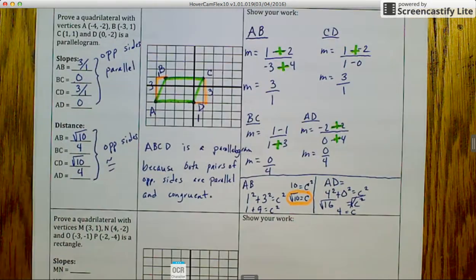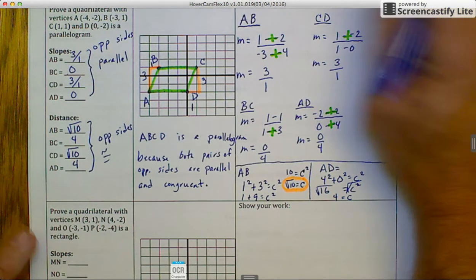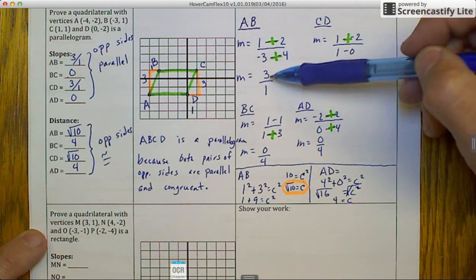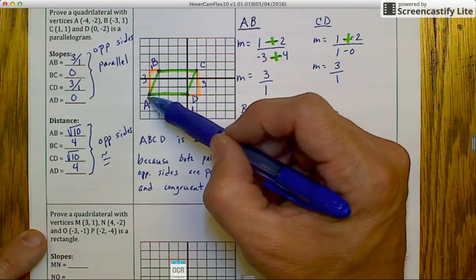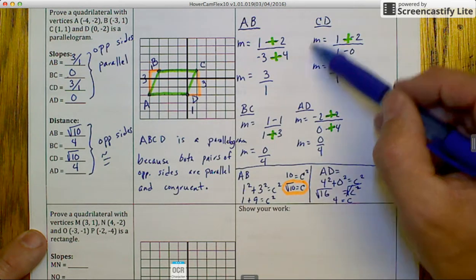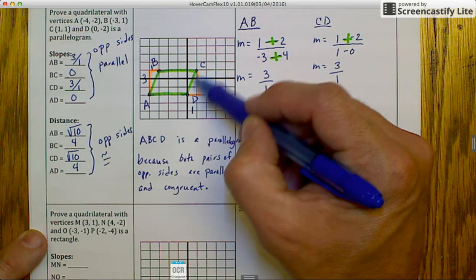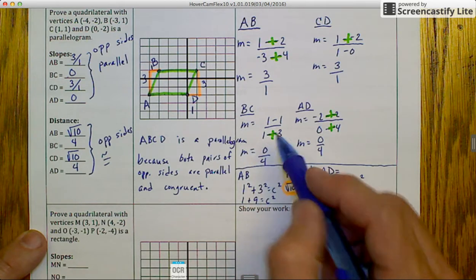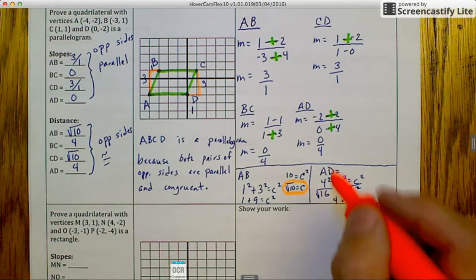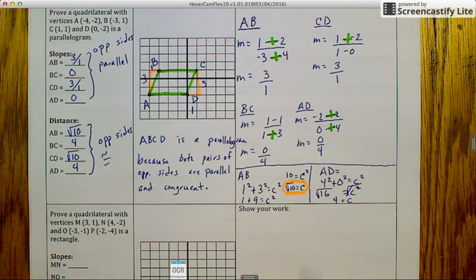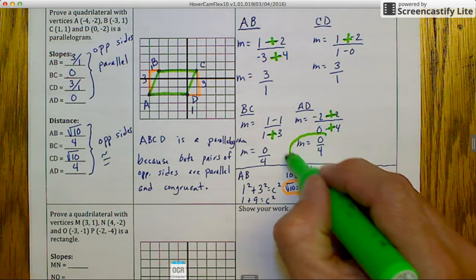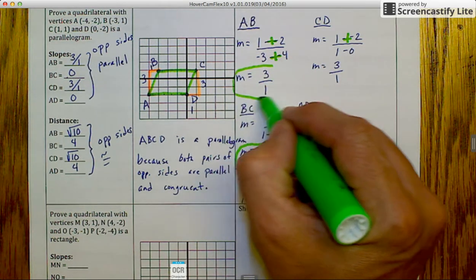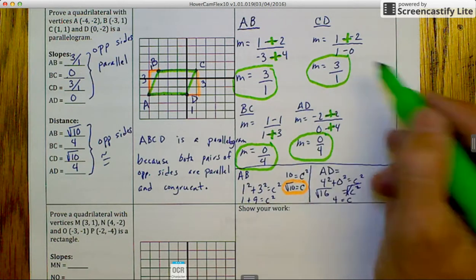What I'd like you to do right now is take a look at that. And again, let's go over it real quick. We determined the slope of AB using the slope formula was 3 over 1. And AB is right here. Then we determined the slope of CD is 3 over 1. It is right there. We determined the slope of BC is 0 over 4. And we determined the slope of AD is 0 over 4, or 0. So we know that opposite sides are parallel.